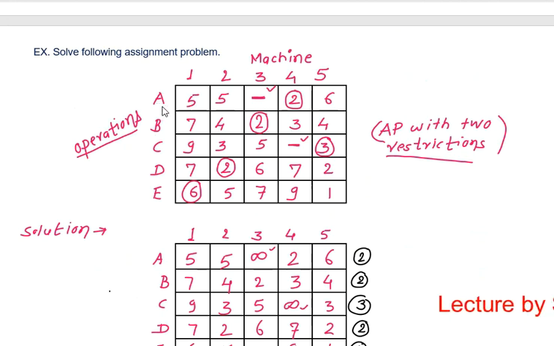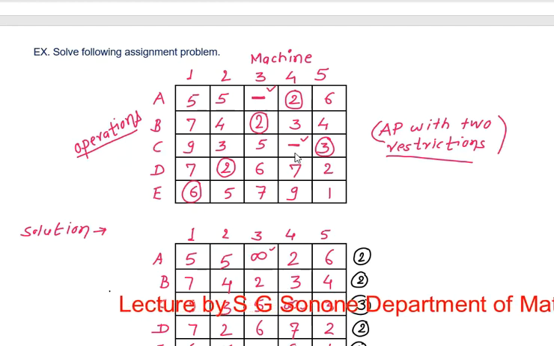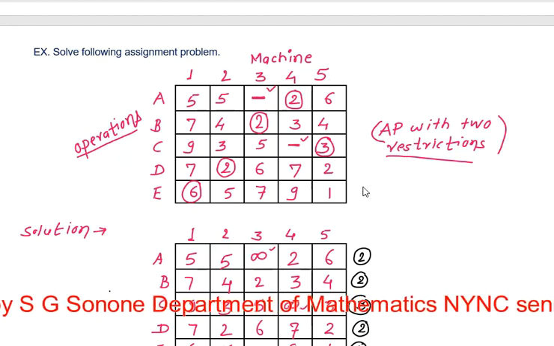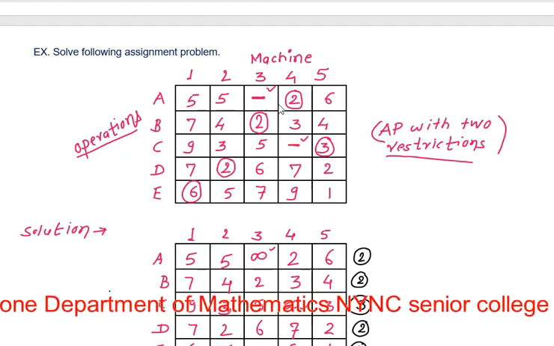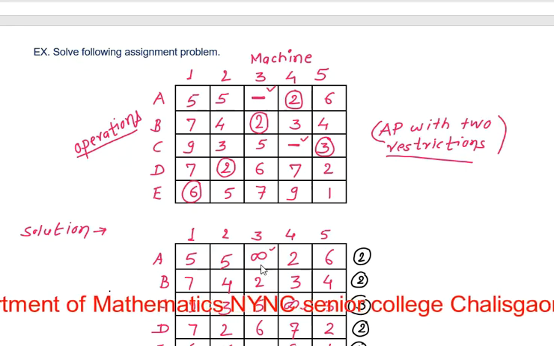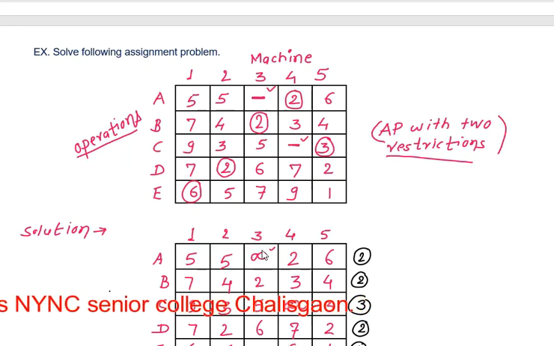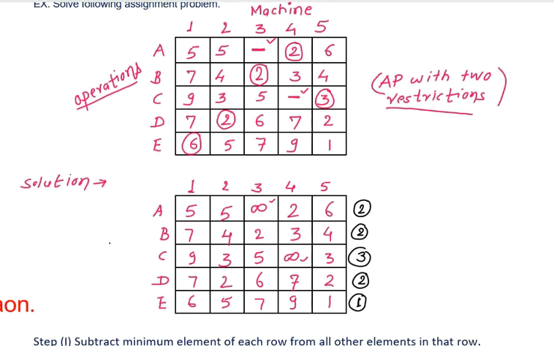Or clerk A cannot be assigned job 3, clerk C cannot be assigned job 4. Like that, there are two restrictions. For this assignment, we take a very high cost, that is, we take this cost as infinity and apply the usual Hungarian method to solve this problem.